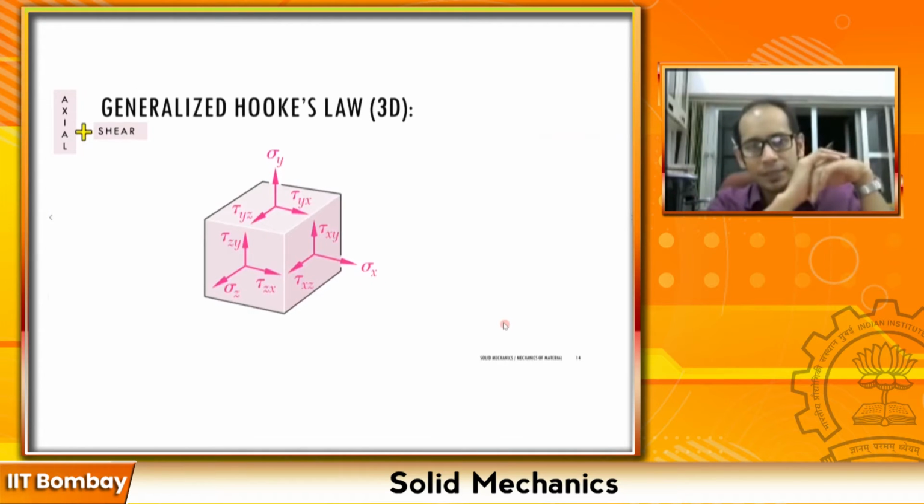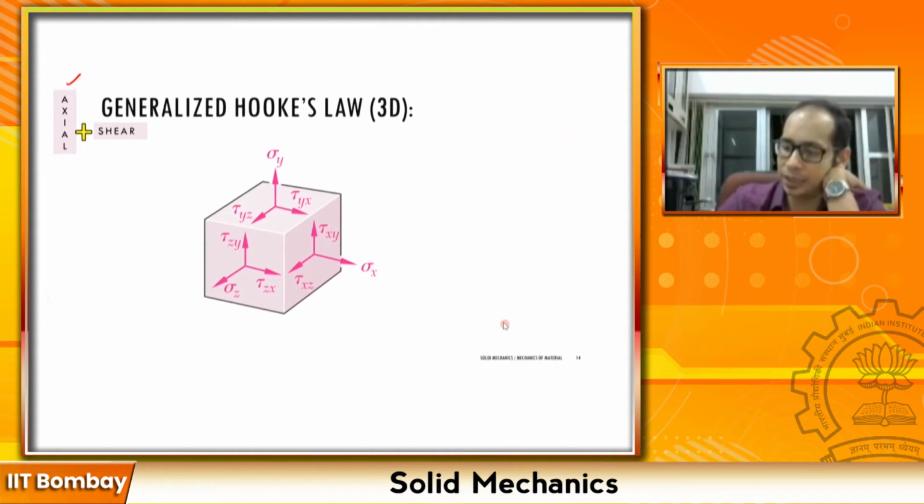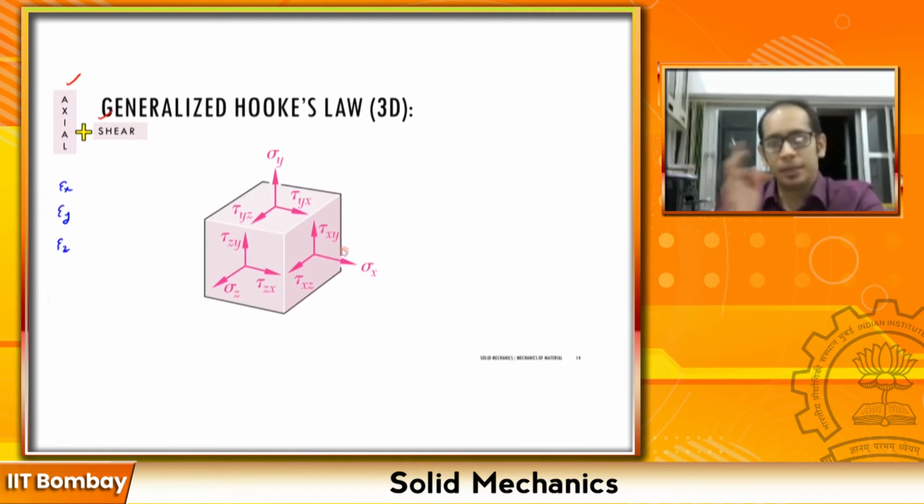This was our generalized state of stress that had both the axial as well as the shear. It has the sigma x, sigma y, and sigma z. It has the tau xy, the tau xz, and the tau yz, right? So for the axial strains, we had written the relationships of your epsilon x, epsilon y, epsilon z, right? And in the last page, we wrote the relationship between my gamma xy, gamma yz, gamma zx, right?